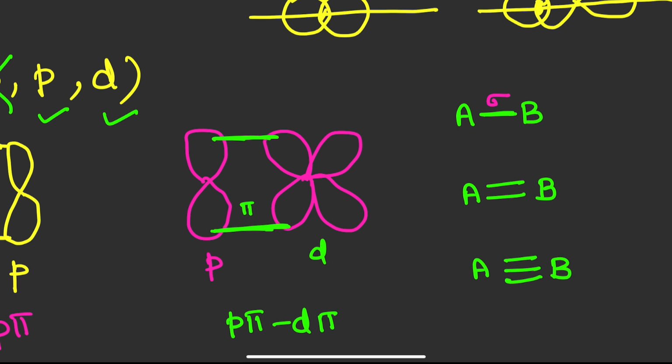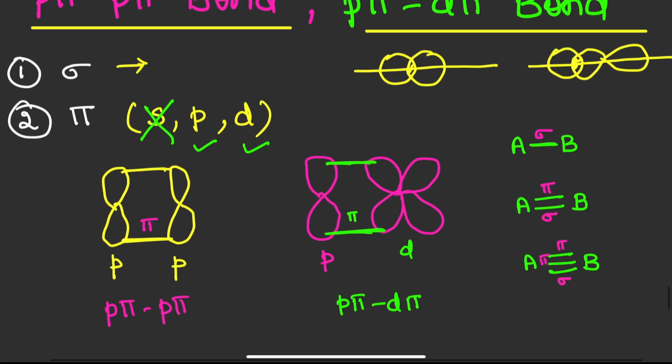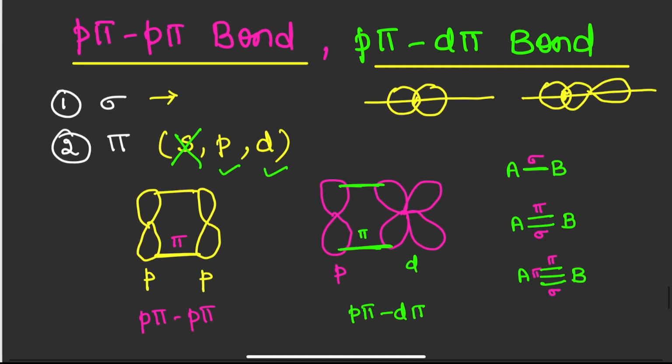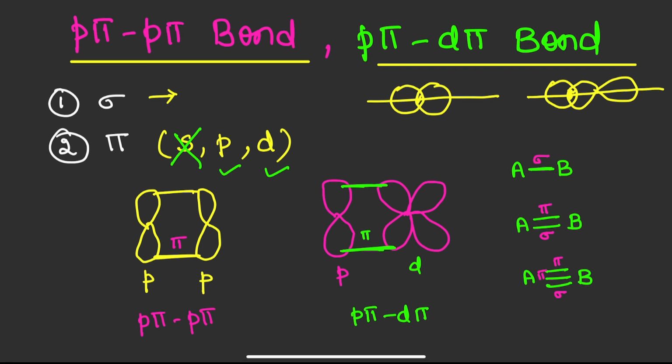If a double bond is present, one will be sigma bond and the second one will be pi bond. If a triple bond is present, one will be sigma, the second one will be pi bond and the third one will be pi bond. So this is an idea how you can know how many sigma and pi bonds are present.